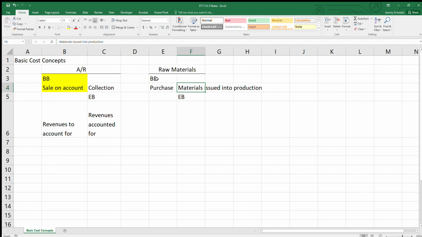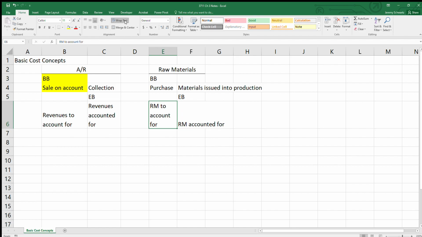We take our purchases, add those to what we had in the beginning, and then see what requisitions there have been, so that materials would be pushed into the production process, and that should give us our ending balance. Or of course, if we have these two and the ending balance, then we know what would have been requisitioned. So this would be raw materials to account for and raw materials accounted for.